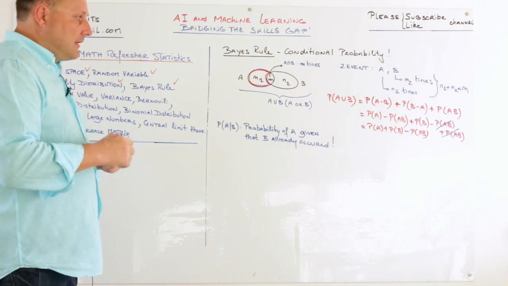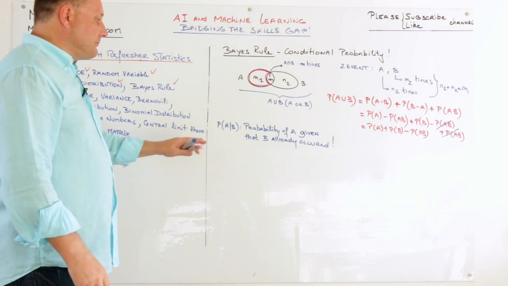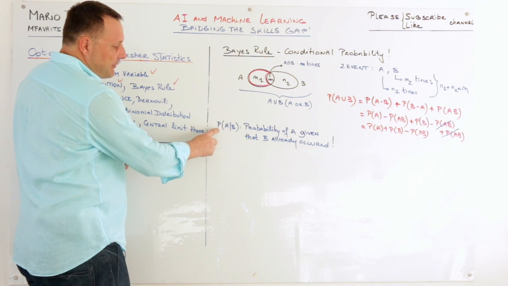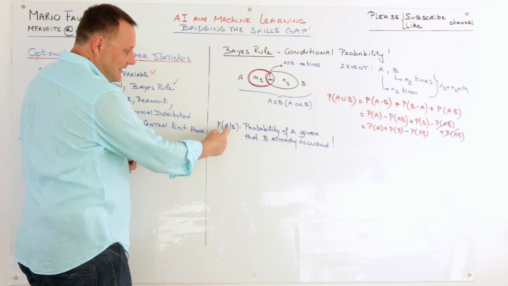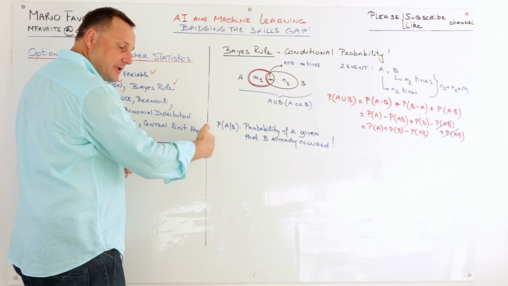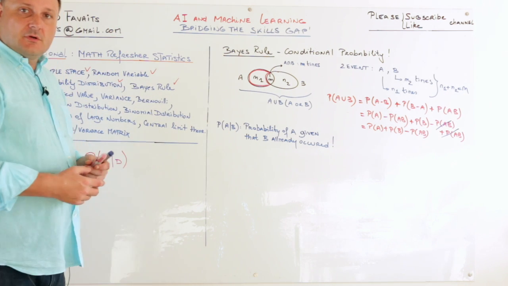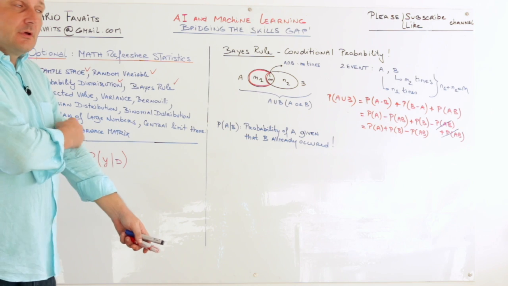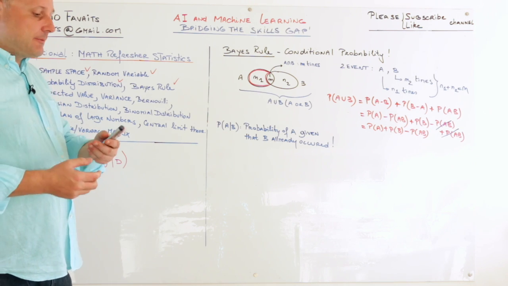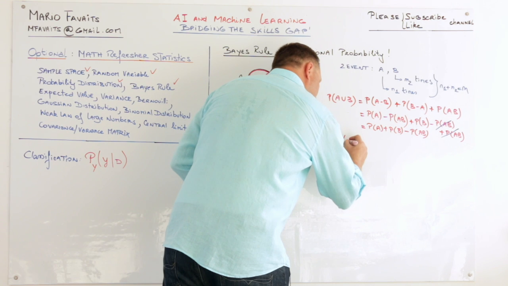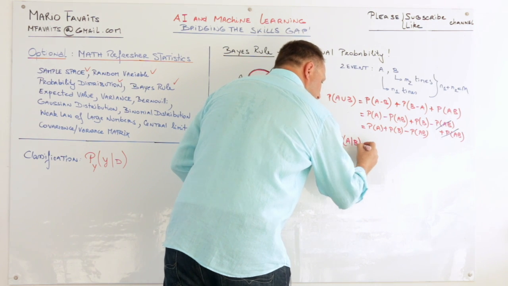Okay, now let's define conditional probability. That's basically the probability of event A, where the vertical line means given that B has already occurred. So B has occurred, what's the probability that I will find A? This is the conditional probability.